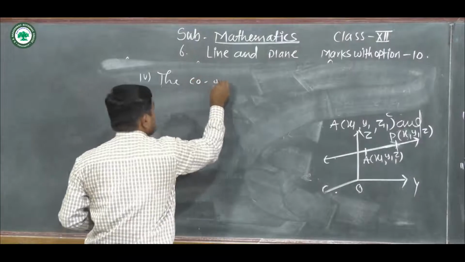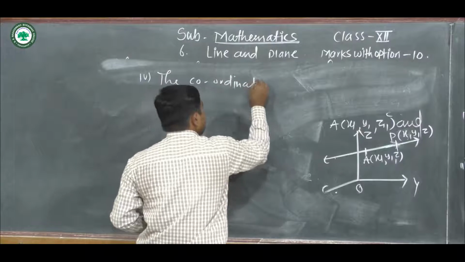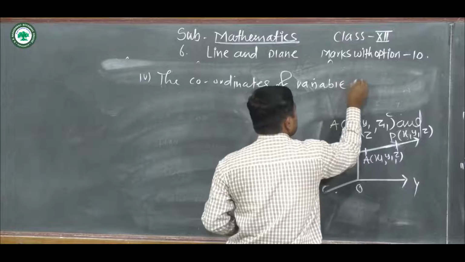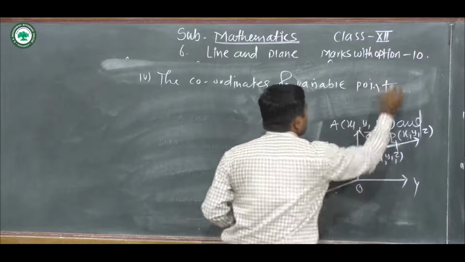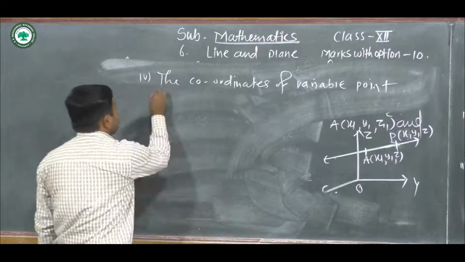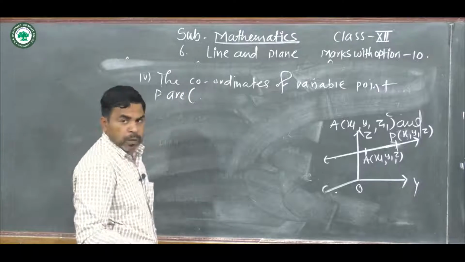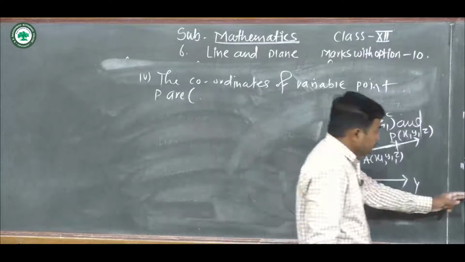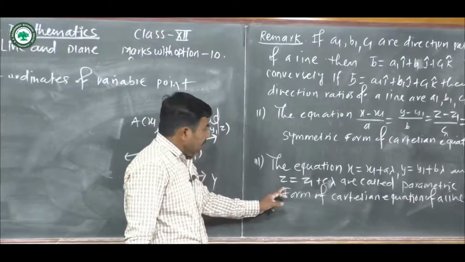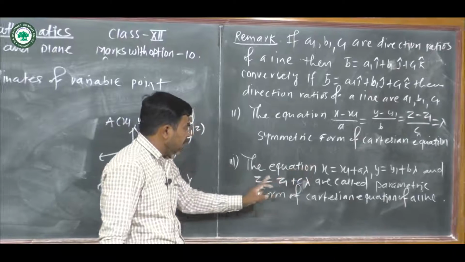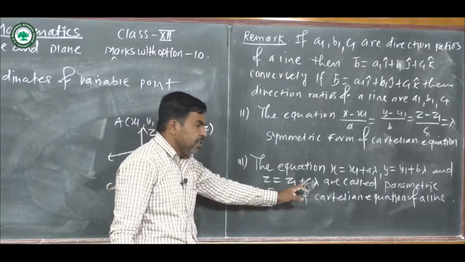Next remark, the coordinates of variable point P are, see here in this equation, x is equal to x1 plus a lambda, y is equal to y1 plus b lambda, and z is equal to z1 plus c lambda.